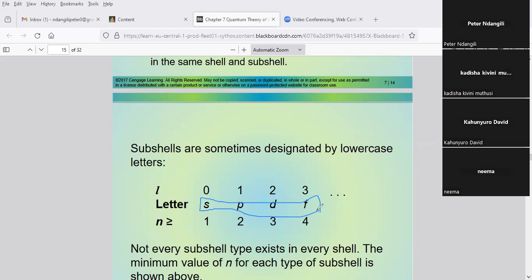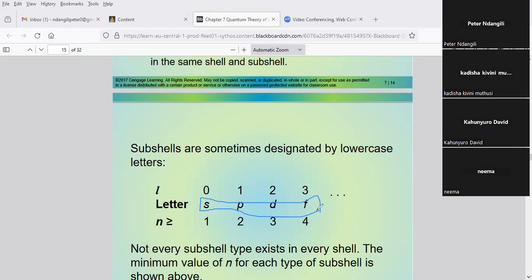When L is equal to 2, we call it a d orbital. When L is equal to 3, we call it an f orbital. When L is equal to 4, we call it a g orbital, and so on and so forth. In this particular unit, we will actually deal with s, p, d, and f, especially when we are filling in electrons.